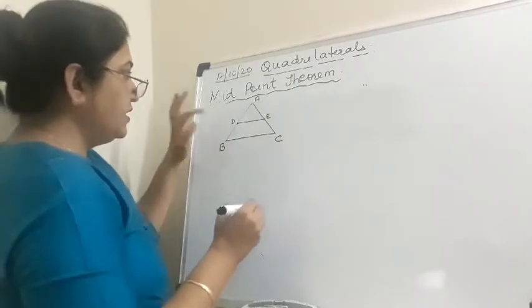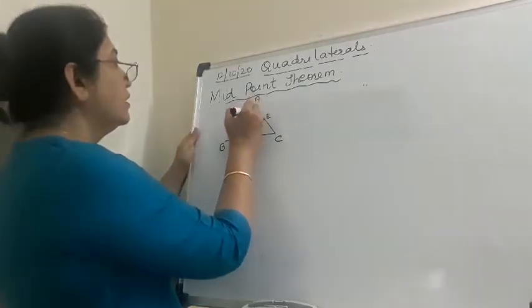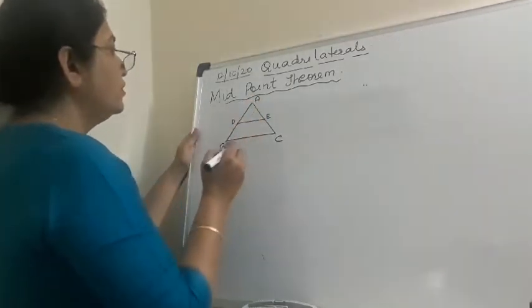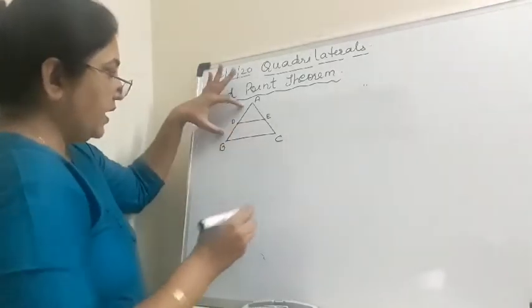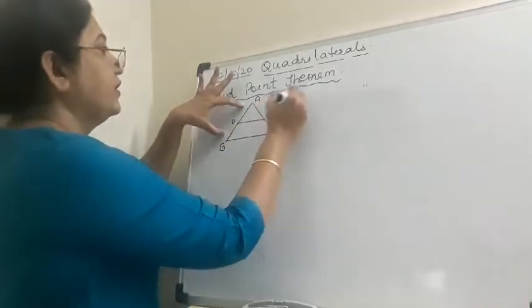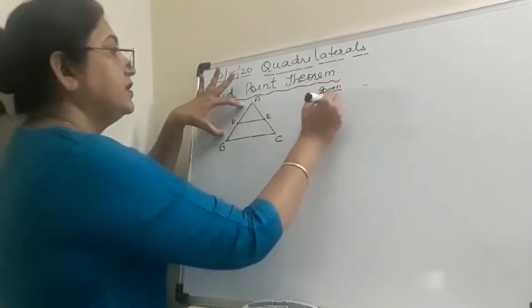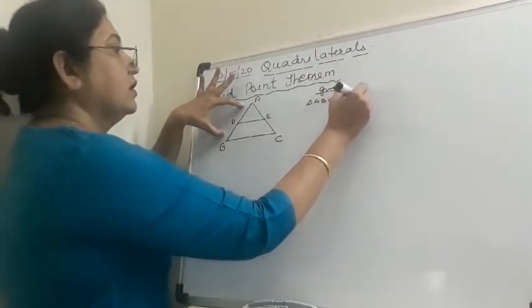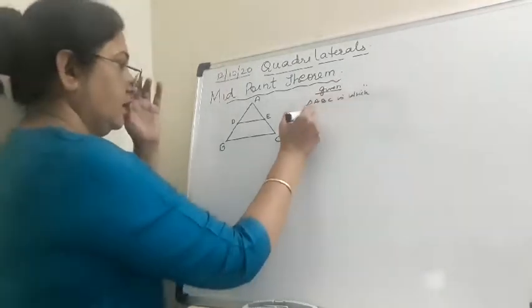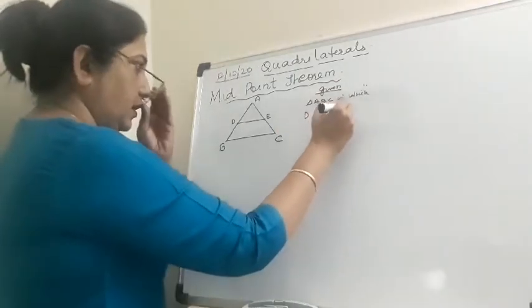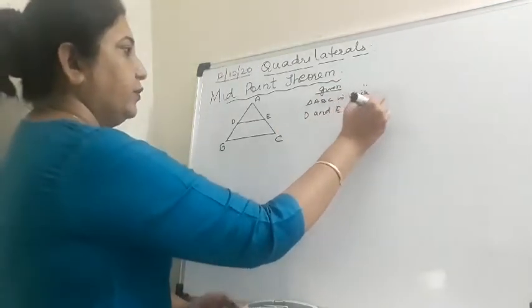Now children, you know that when D and E are the midpoints, we write Given: triangle ABC in which D and E are the midpoints.